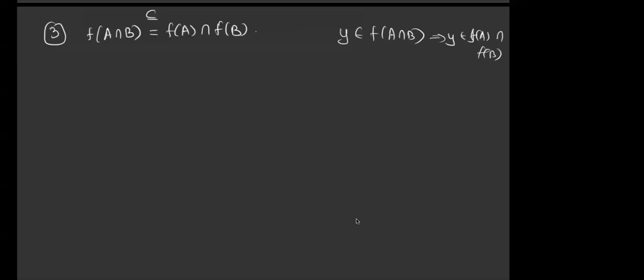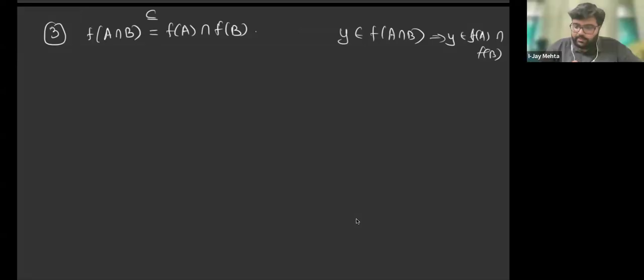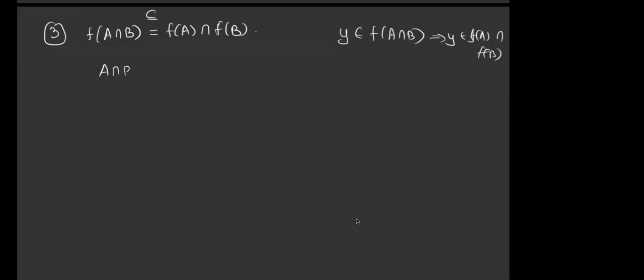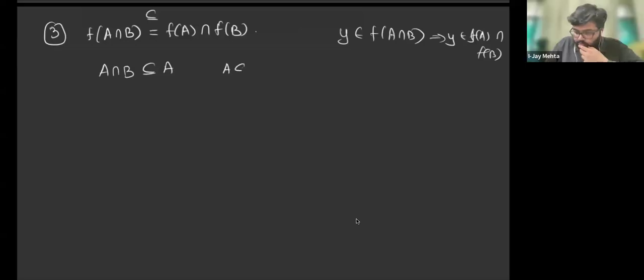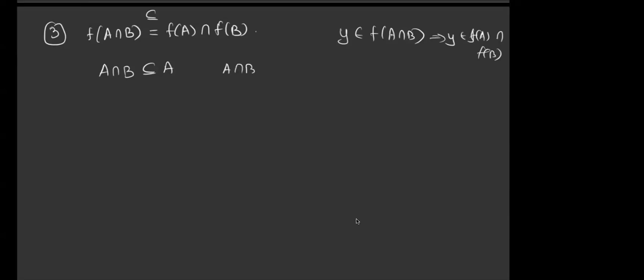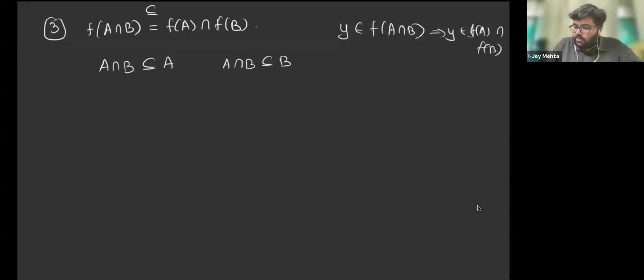Sir, I was trying to use a similar approach to the one that you discussed for this. What is that? It says A intersection B is a subset of A, and A intersection B is a subset of B. So by the first result, we can say that F of A intersection B is a subset of F of A, and F of A intersection B is a subset of F of B. Yes.